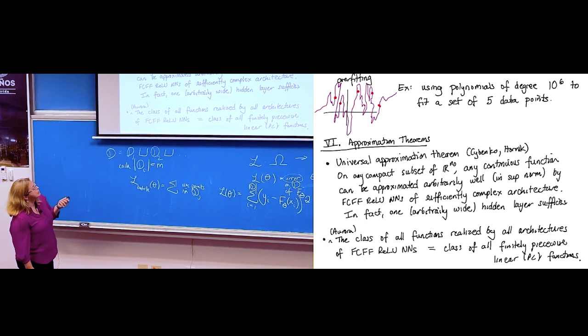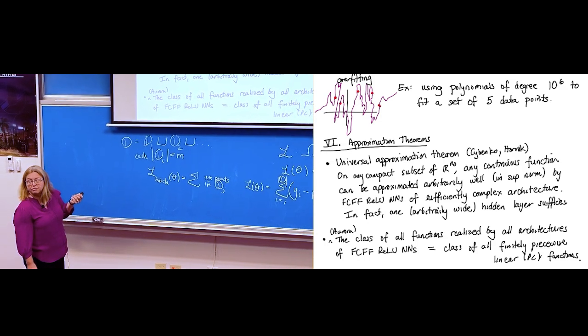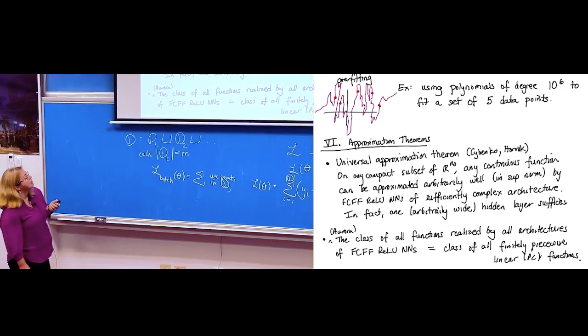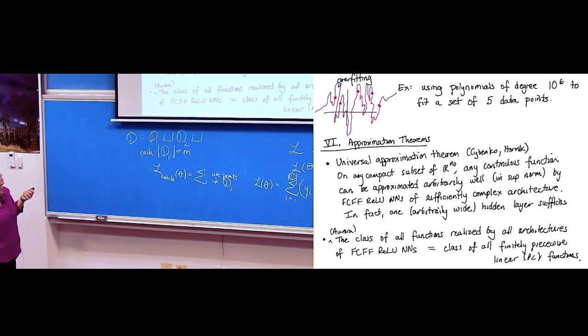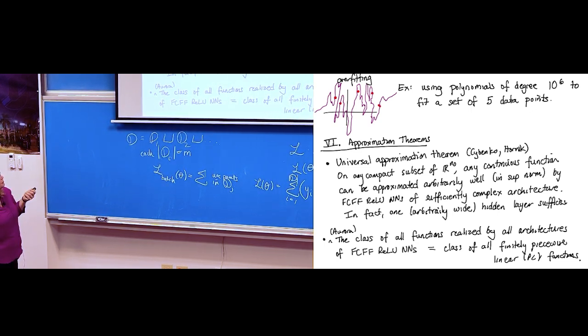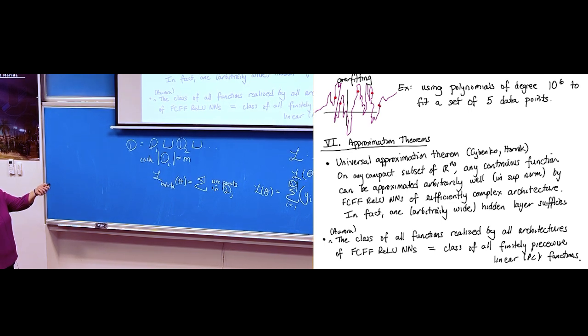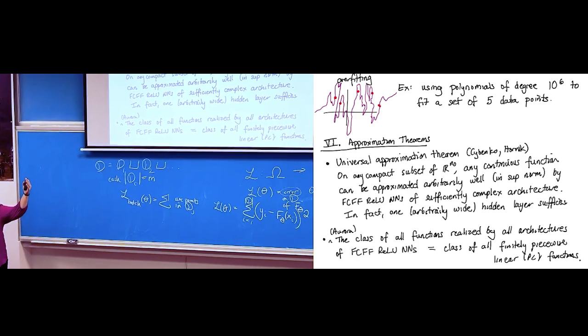I should say what I mean by approximate. I mean in the sup norm, or the uniform norm. And when I say one of these functions, this is fully connected feed-forward ReLU neural networks with sufficiently complex architecture. Those intermediate spaces might need to be really big.